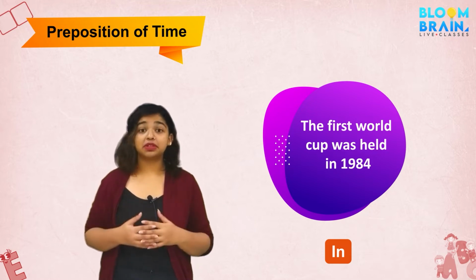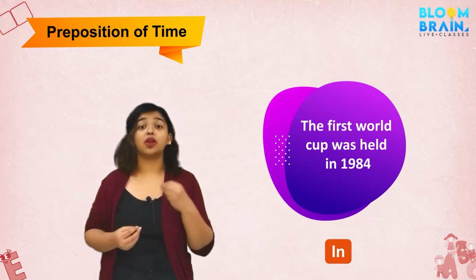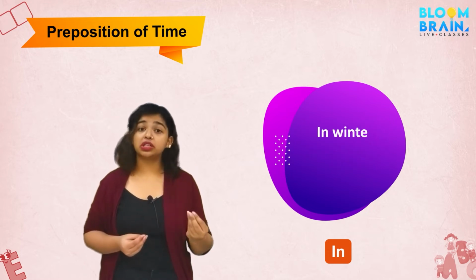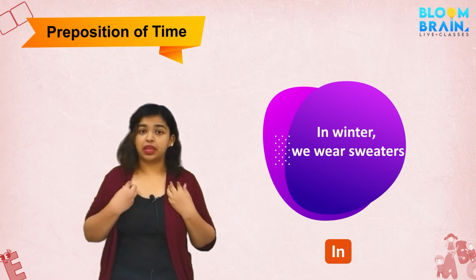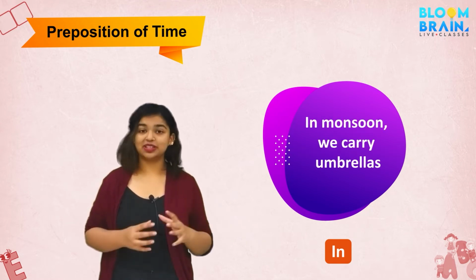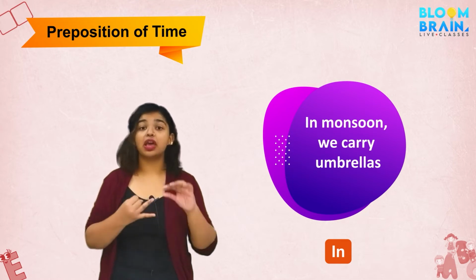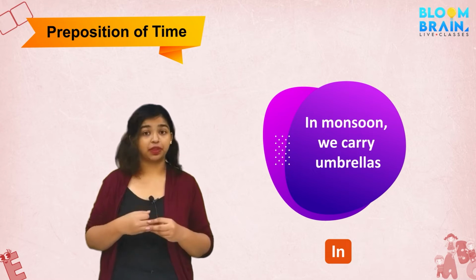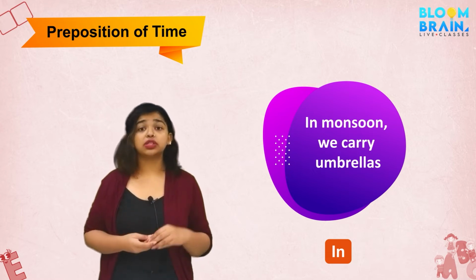Sometimes we use it when we are talking about seasons. In winter we wear sweaters, in the monsoon we carry umbrellas, right? So in is for seasons, for years, for centuries. Sometimes we can also use it for months.